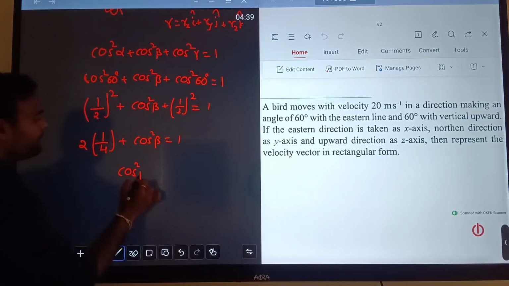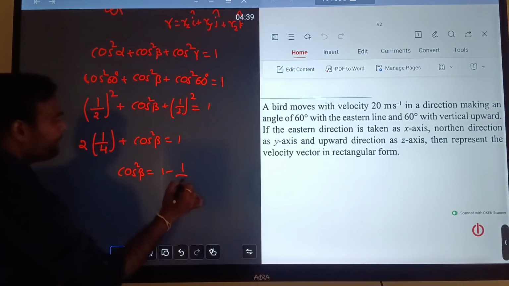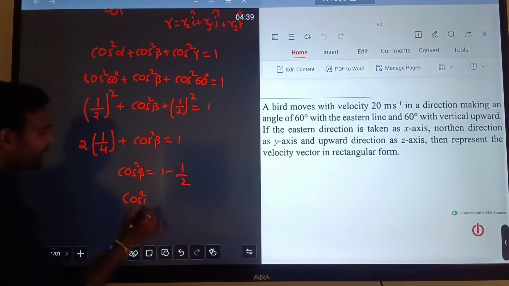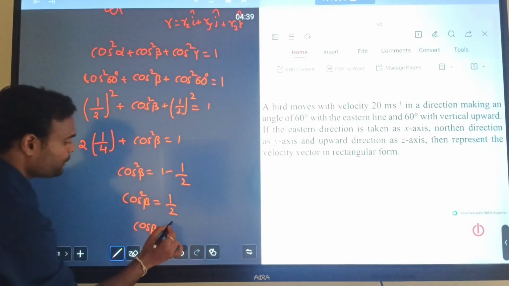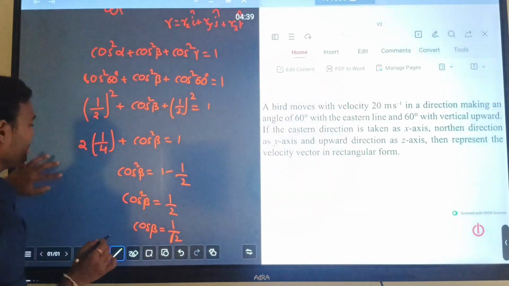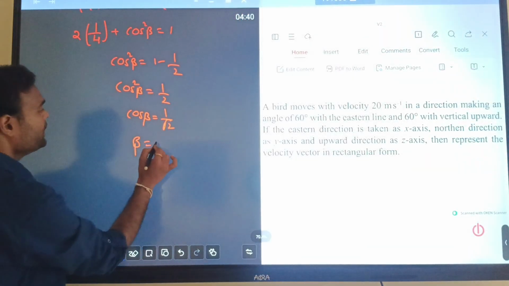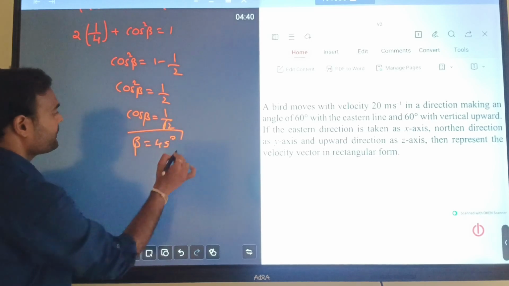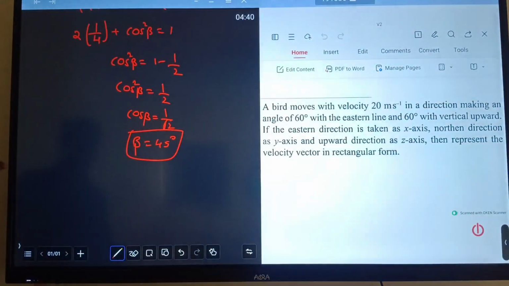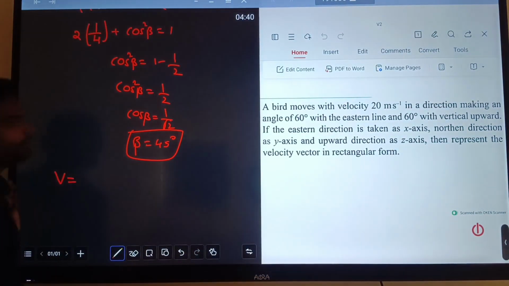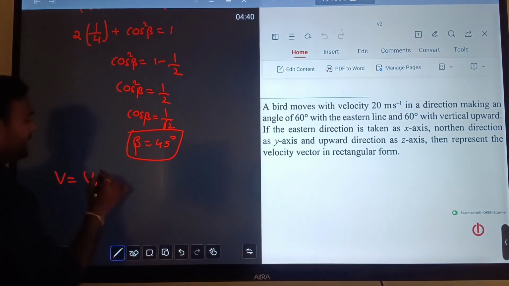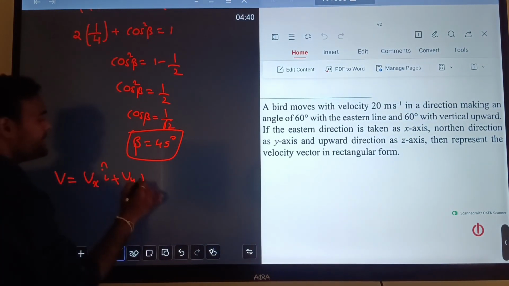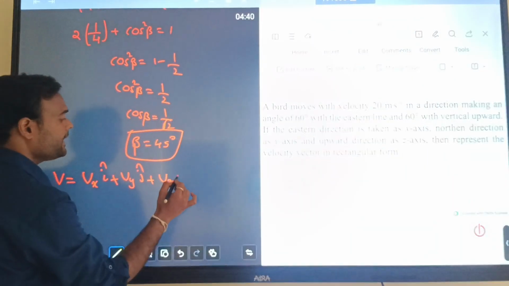So cos square beta is equal to 1 by 2, then cos beta is equal to 1 by root 2, that is beta is equal to 45 degrees. And they are asking for v in rectangular vector form, that is vx i plus vy j plus vz k.